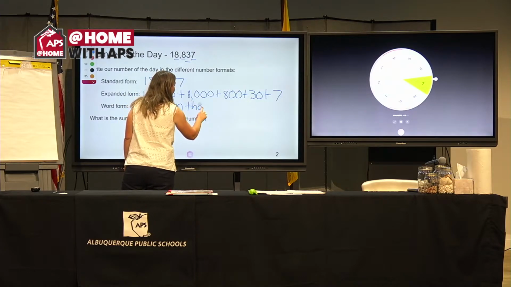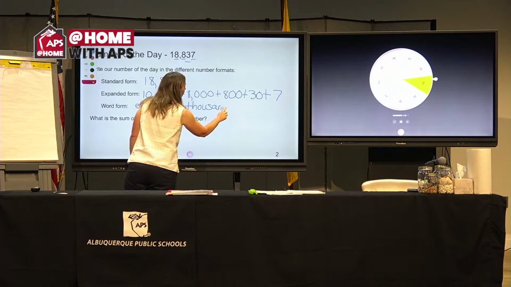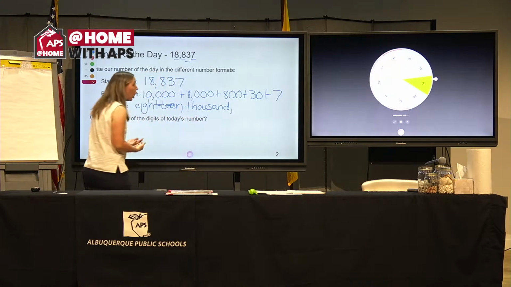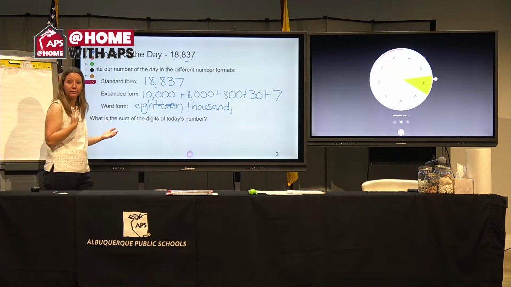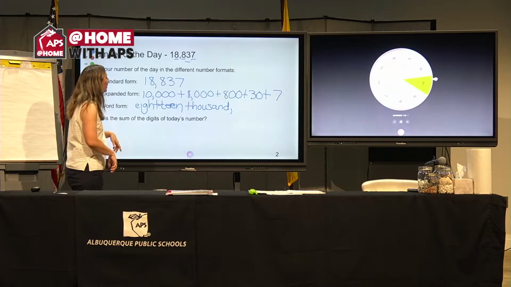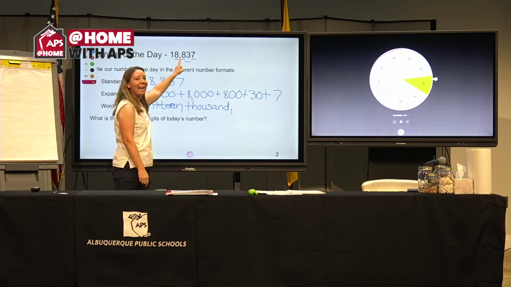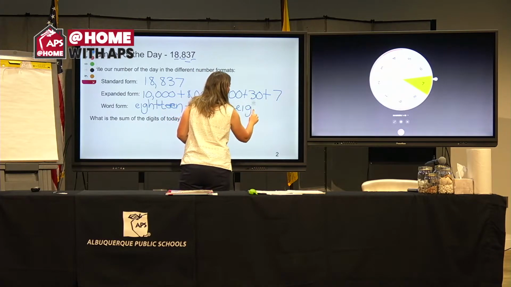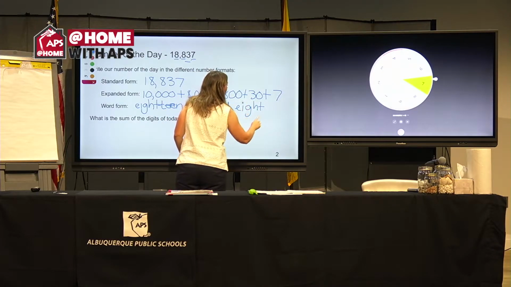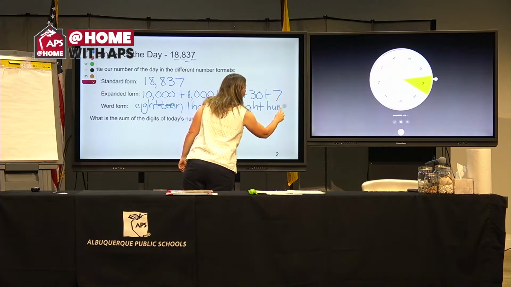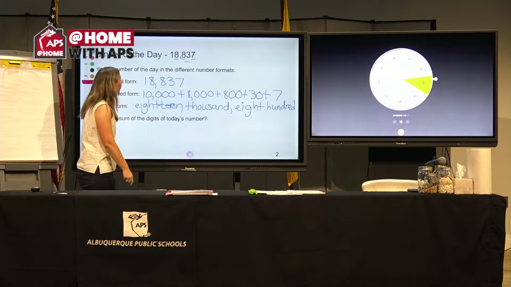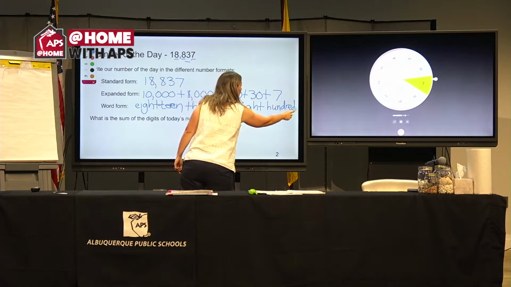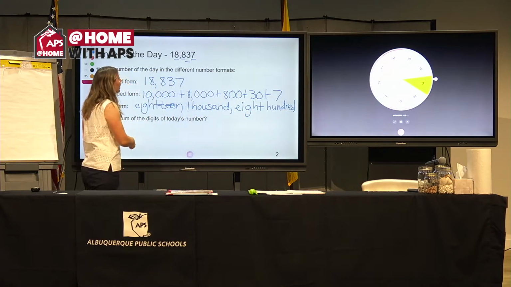All right, 18,000. And then I put a comma, because that comma is moving into the next part of the word. 800, and then I put a comma, and the last part is the 37.